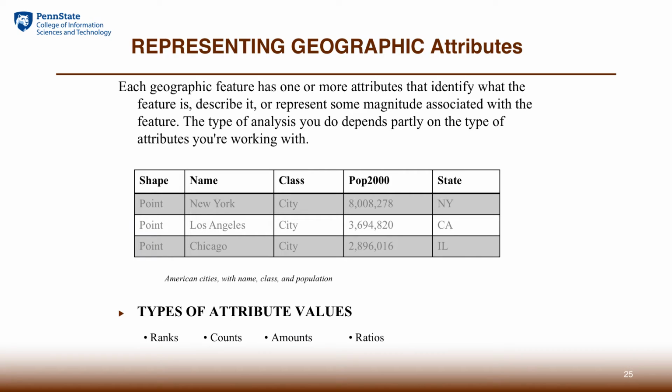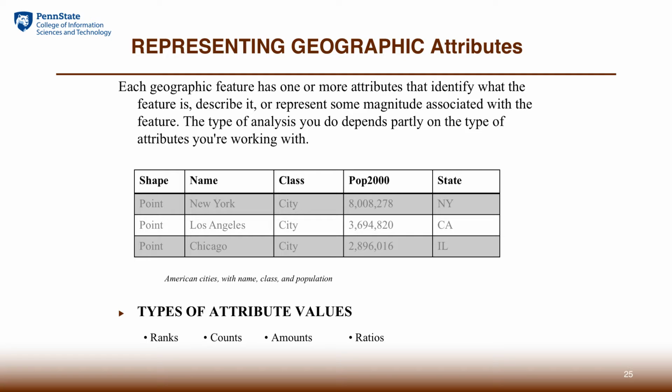The vector model of data not only represents the geographical, spatial attributes in terms of shapes, but also has a component that describes the non-geographical, non-spatial attributes. For example, each feature may carry a name, maybe a class, or describe a city. We could have a population number attached to each city, and the city could belong to a certain state.